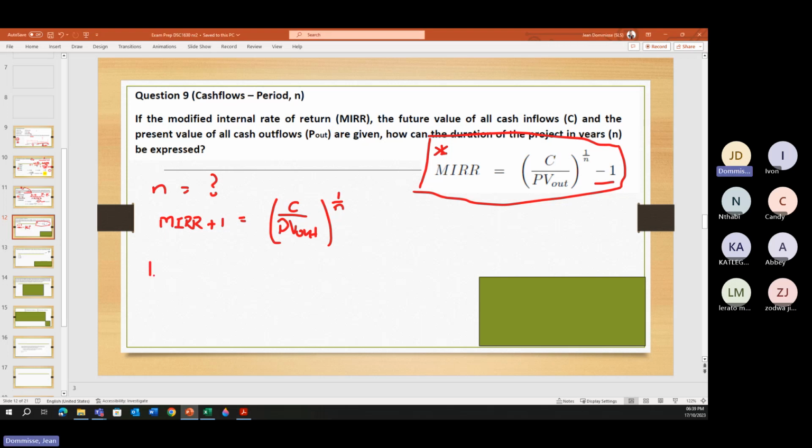Let's do it firstly on this side. So what happens to the 1 over n if we work with ln?